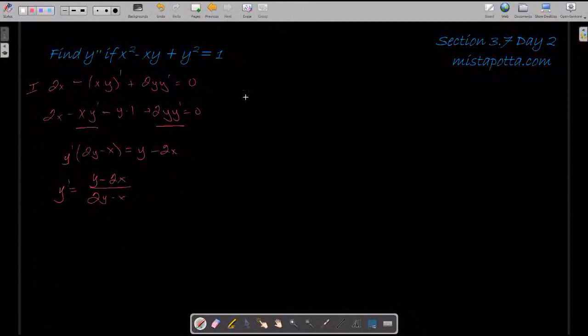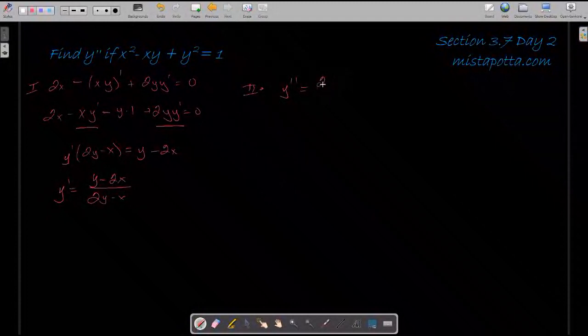So on the second step, I'm going to need to take the derivative of that. And again, I'm going to have to use the quotient rule.